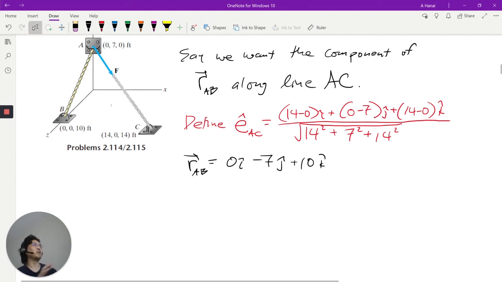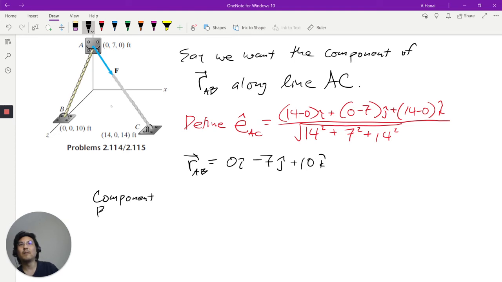Now we want the component of the position vector along the line. If we want the parallel component, then it's e dot r.